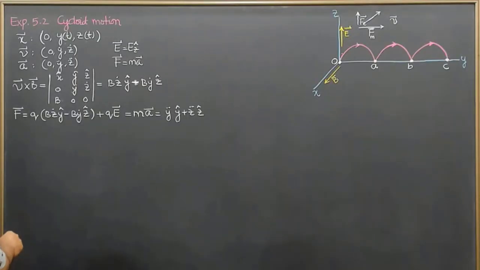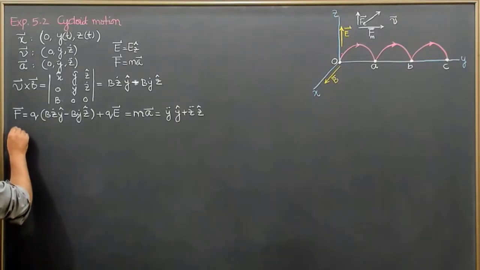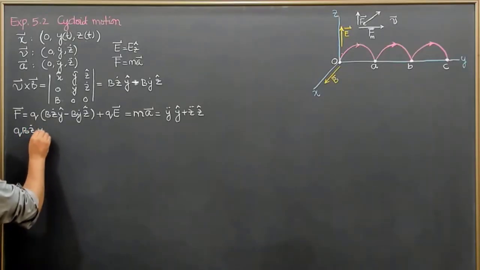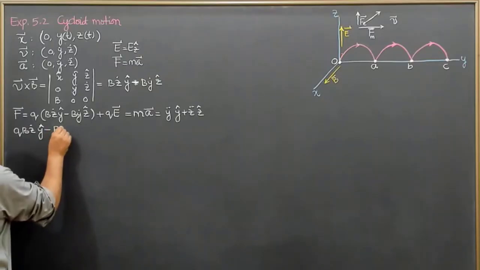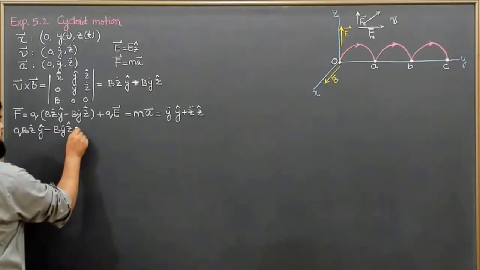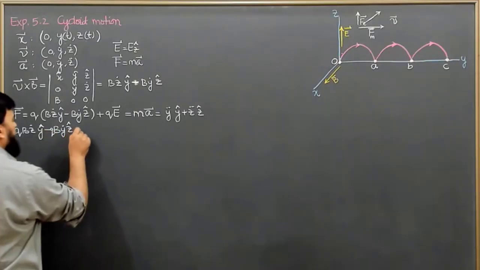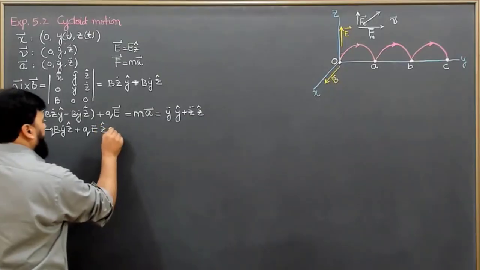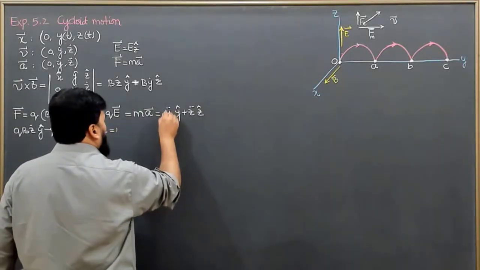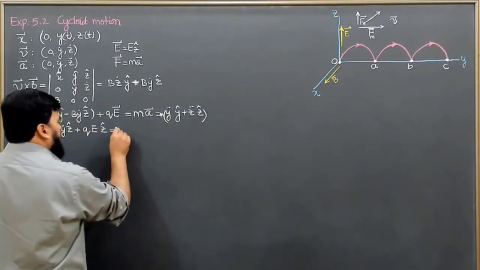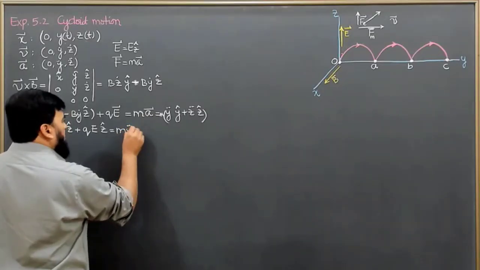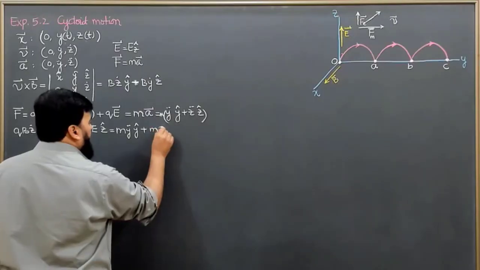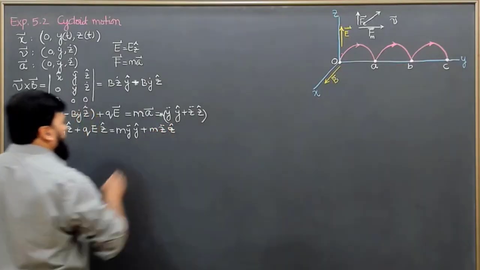So the E component, E is in the z direction, and we have Q times B z dot in y direction minus B y dot in z direction, plus Q times E in z direction, equals the acceleration, so it will be multiplied with m: m y double dot in y direction and m z double dot in z direction.